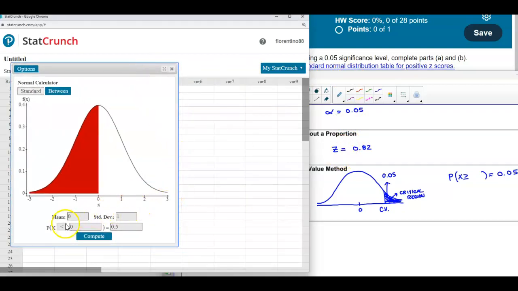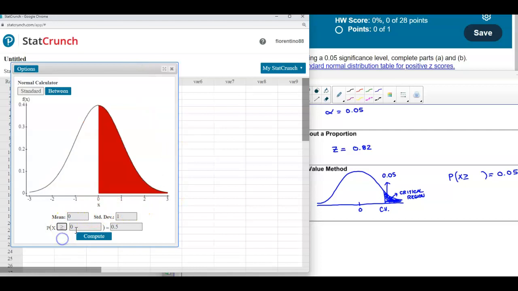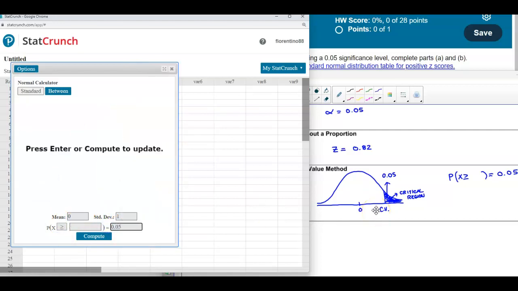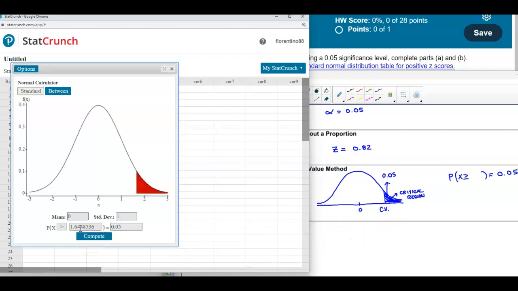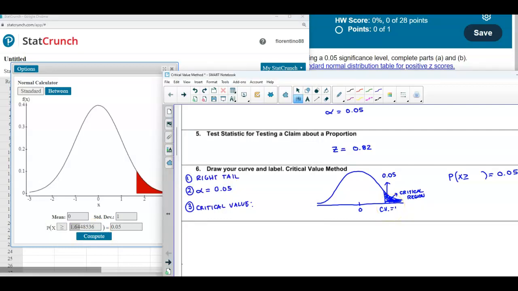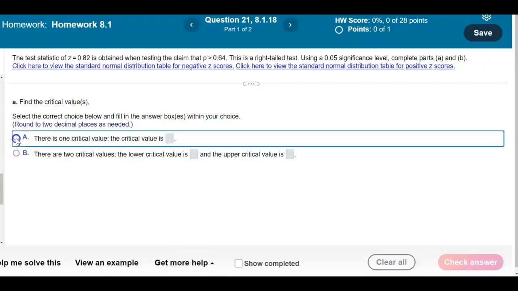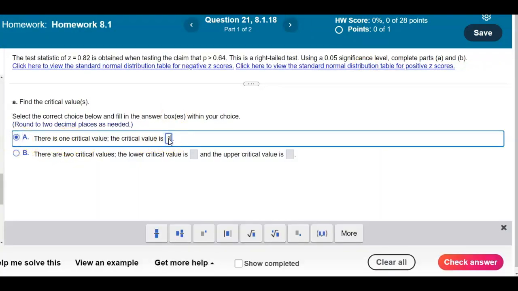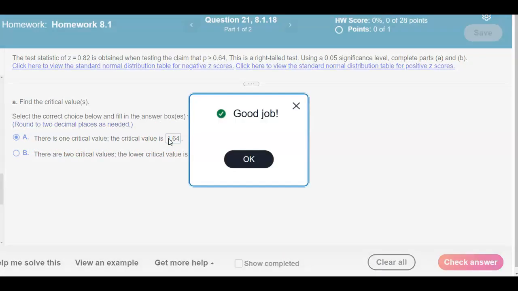We make sure this is greater than or equal to, and then put in the area of 0.05. Our critical value, rounded to 2 decimal places, is equal to 1.64. So there's only one critical value, and that's 1.64.